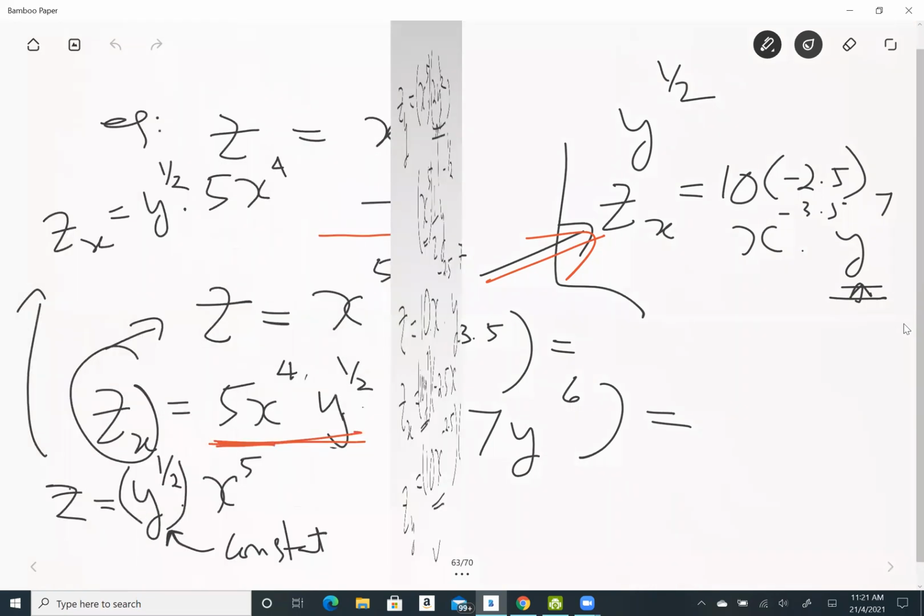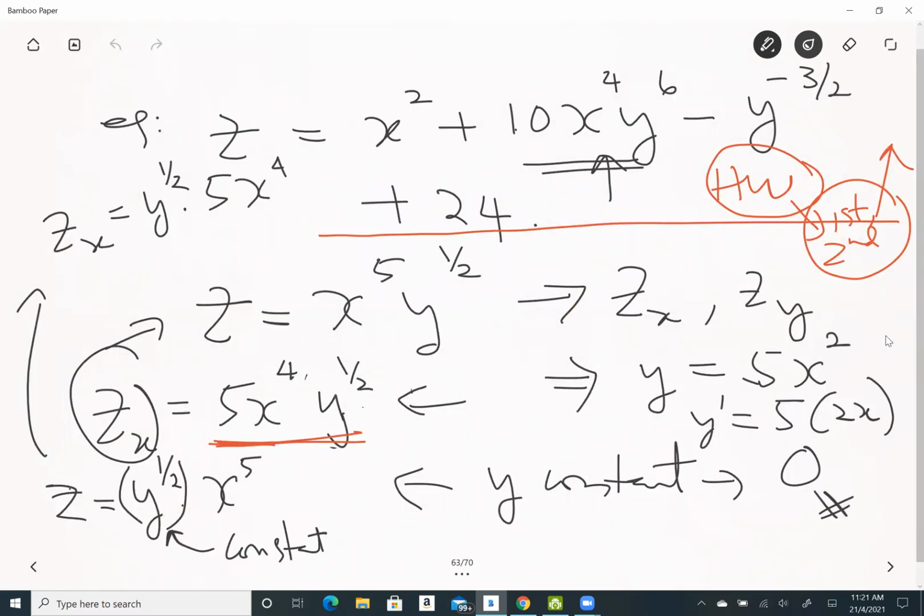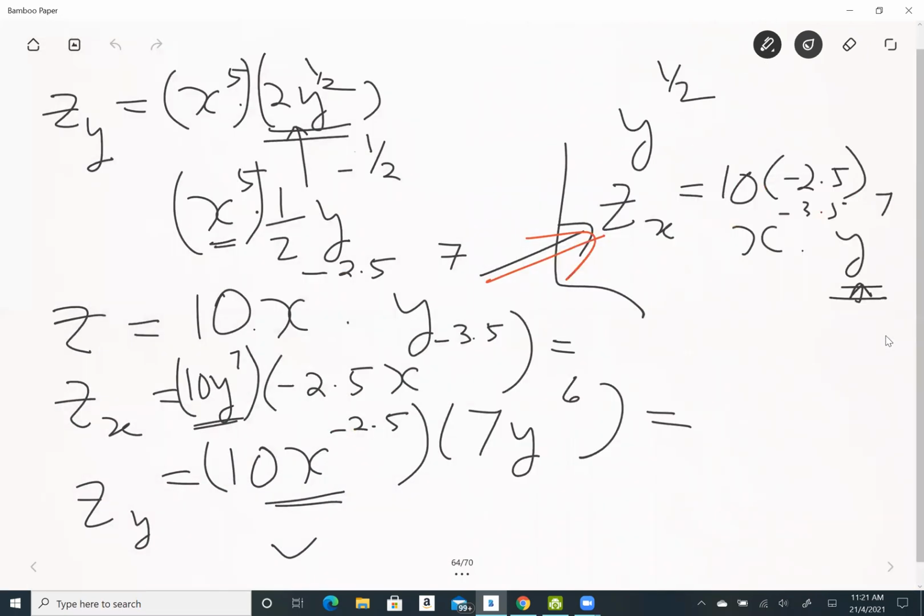Okay, that is the function. Zy is equal to x to the power 5 over 2, y to the power of negative half. So you can rewrite that as half x to the power 5, y to the power of negative half. Okay, so that is our zy.